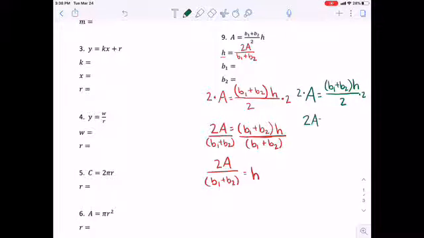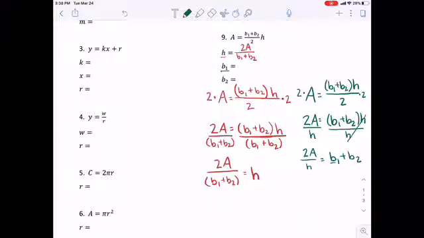That gives me that 2A equals b1 plus b2 times h. Now since this time I want the b1 alone, I'm going to get rid of the h, so I'm going to do that by dividing on both sides of this equation by h. That will cancel my h's here, and I am left with 2A over h equals b1 plus b2.